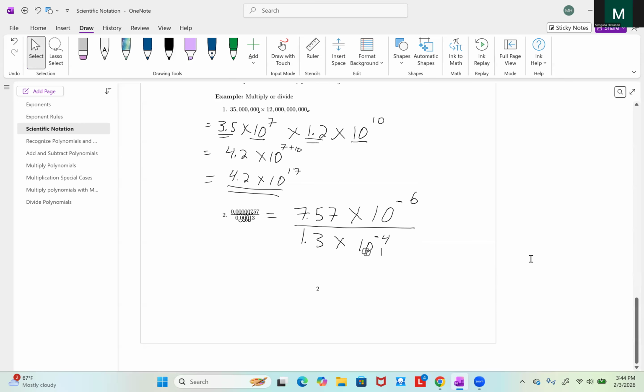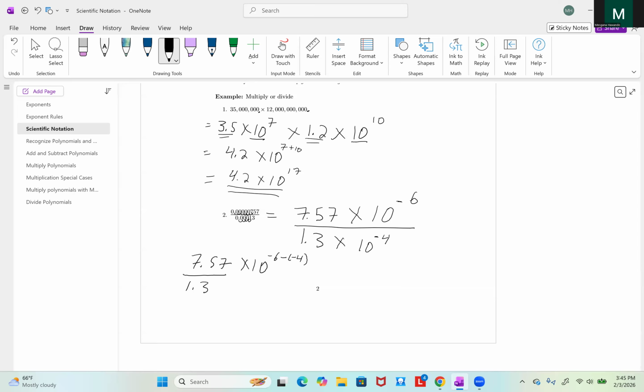Next, what do we have here? We have 7.57 over 1.3 times 10 to the power of -6 minus -4, using the quotient rule.